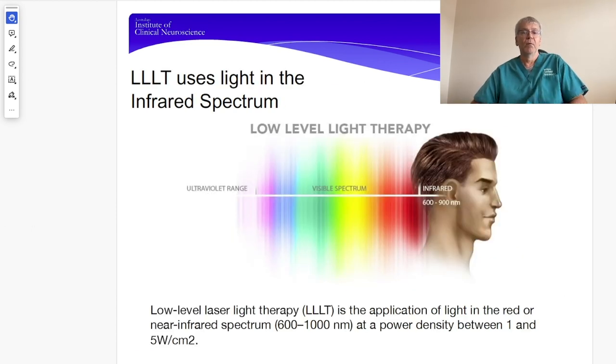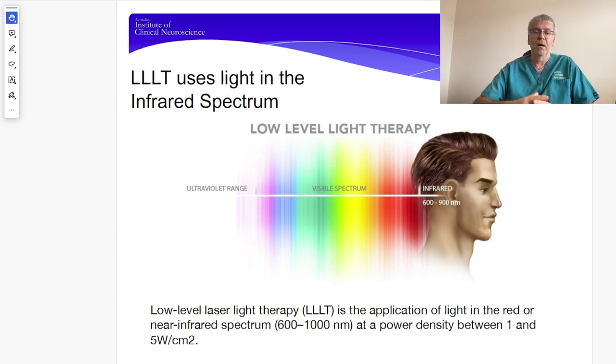Now, low-level light therapy has a specific definition. Basically it's red or near red in the spectrum, ranging roughly between 600 and 1,000 nanometers. What we're describing, 600 to 1,000 nanometers, is a wavelength, and we can make lasers of basically any wavelength.